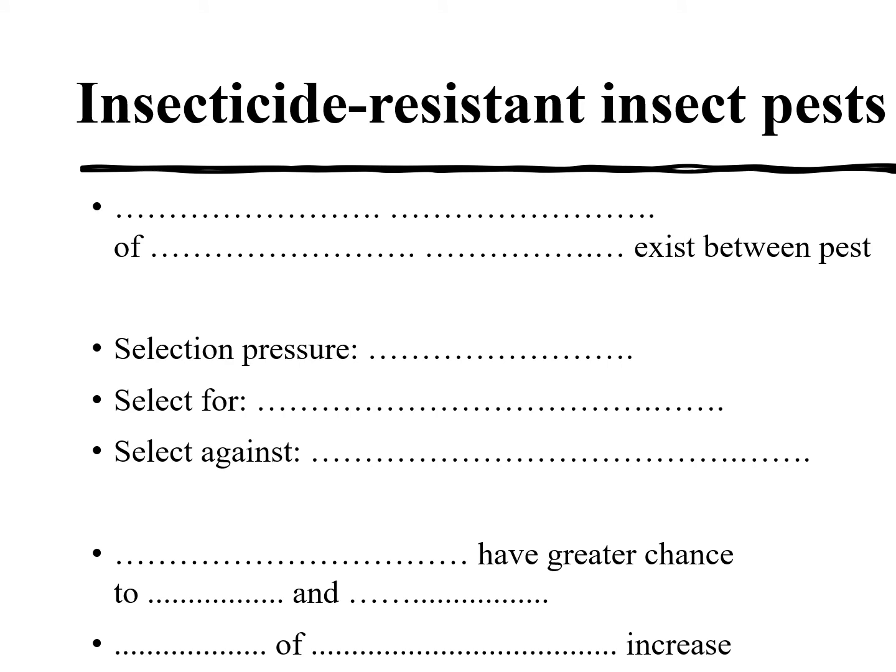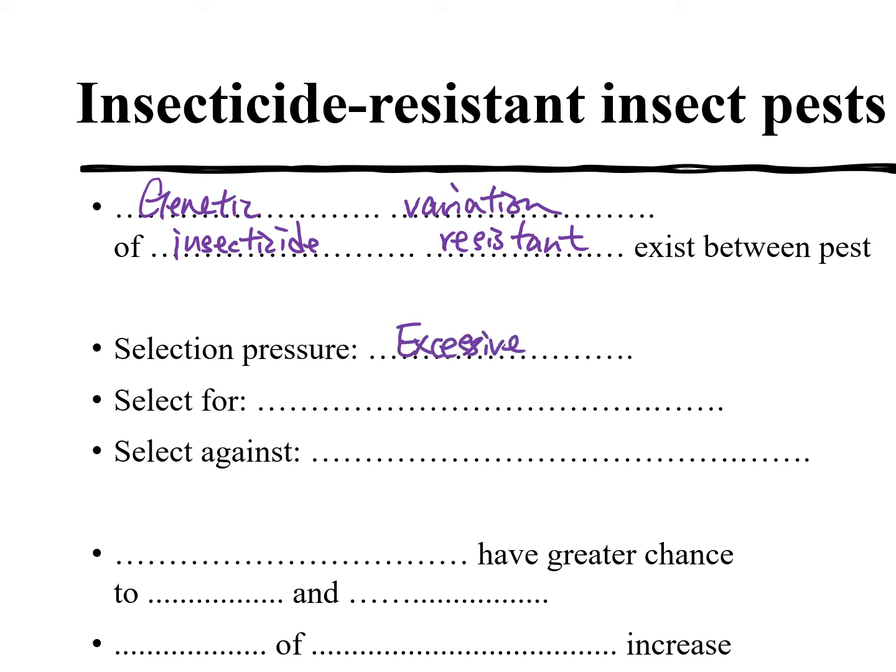At the beginning, there is genetic variation of insecticide resistance that exists among the pest, or the mosquito. Now the selective pressure is the excessive use of DDT, the pesticides.